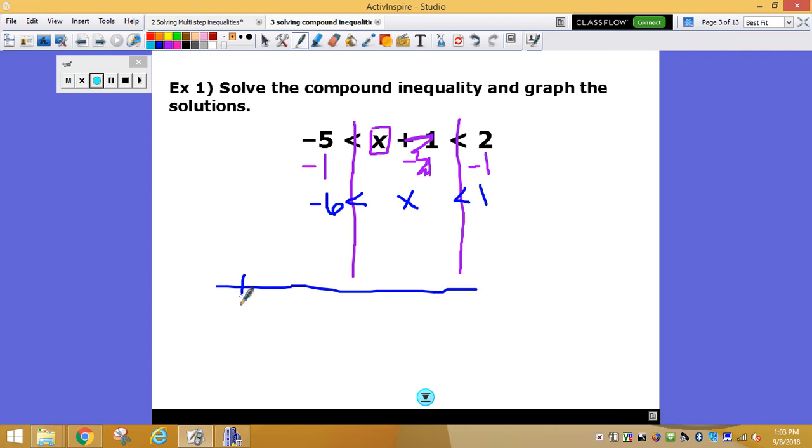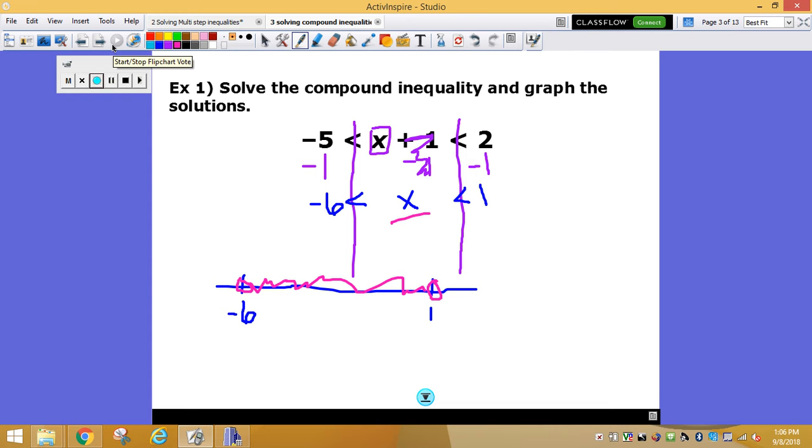Okay, my smallest number is -6. My biggest number is a 1. Just like before, if there's no line under it, you're going to do an open circle. Open circle. And if your x is in the middle, right, it goes -6 and then x and then 1. So if your x is in the middle, then that means you shade in the middle.